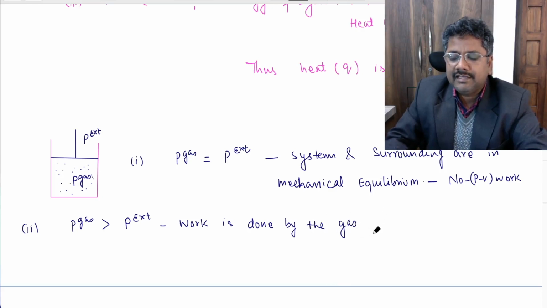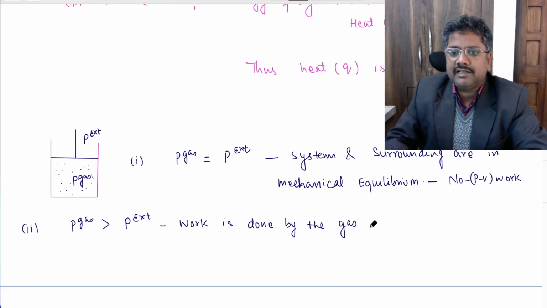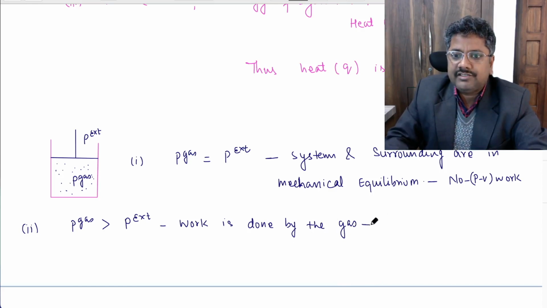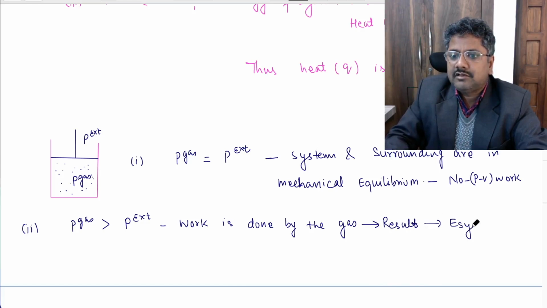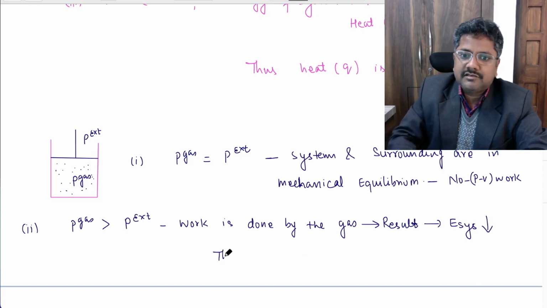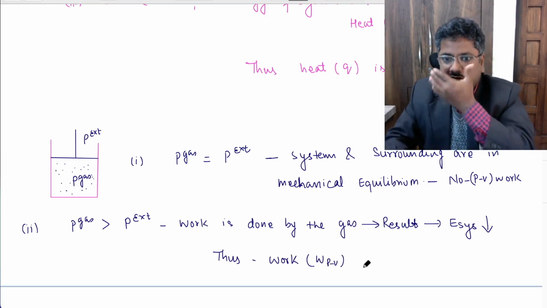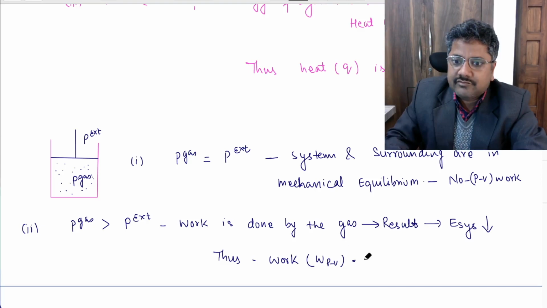And if the gas is doing work, means the energy of the system decreases, as a result of which the energy of the system decreases, and thus work, W PV, basically I am talking about PV work here, pressure volume work, this is what?